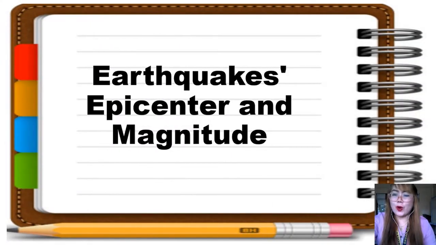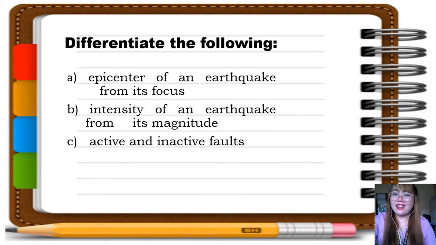I'm back, learners. This time, we will discuss about earthquakes, epicenter, and magnitude. In this lesson, we will differentiate the following. A. Epicenter of an earthquake from its focus. B. Intensity of an earthquake from its magnitude.